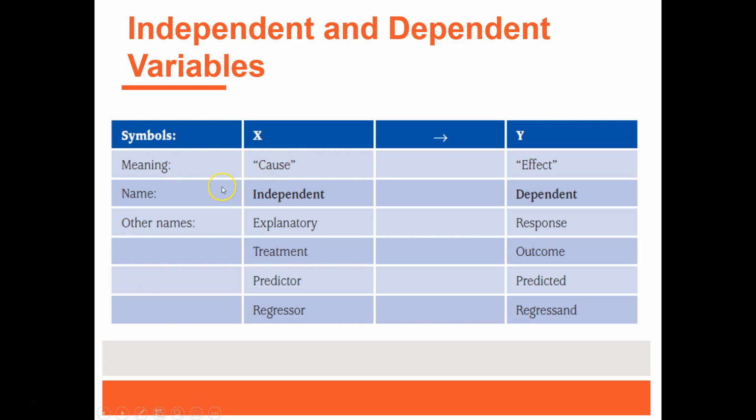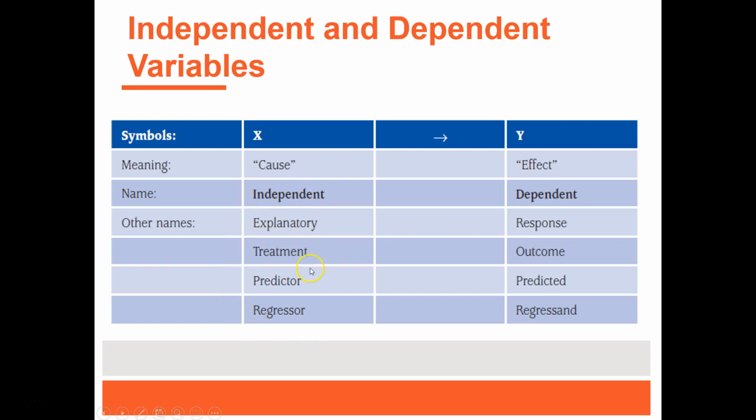And so when we're talking about the independent variable and you're reading other research articles, there are many words for independent variable. It can also be called the explanatory variable, or the treatment variable, or the predictor variable, or the regressor. All of those mean independent variable.